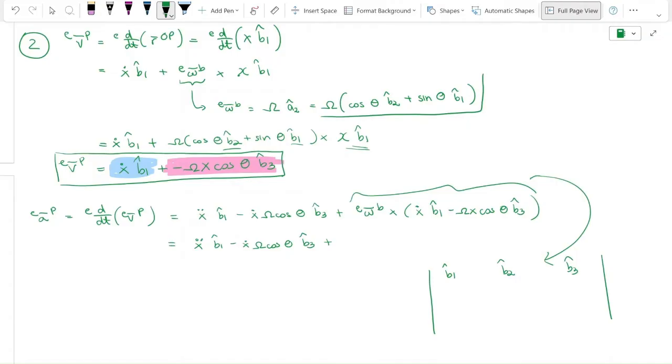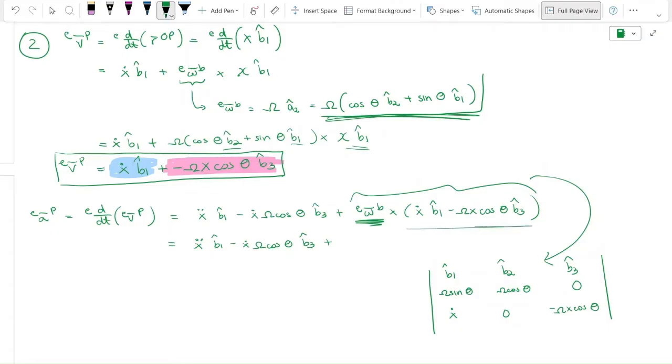The first row is the omega B of E, which is omega sine theta, omega cosine theta, 0, and then this is x dot, 0, minus omega x cosine theta.